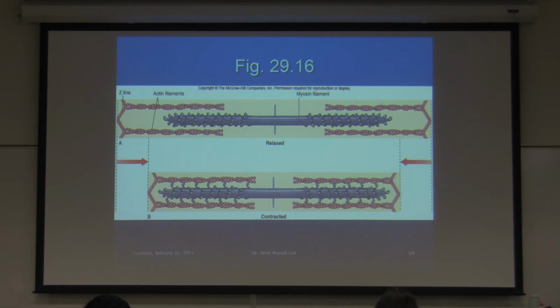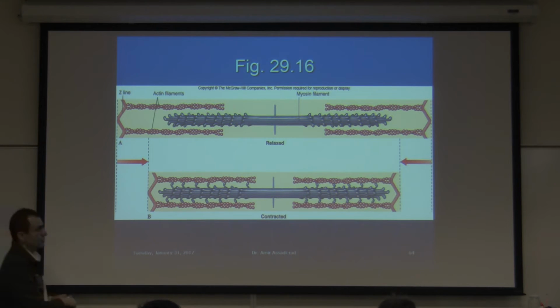I know you probably cannot see it. What happens to the A band? I should draw it on the board. I'm going to write it and then you'll see it in a minute. The A band does not change. I know this doesn't show it very well. It does not change. The I band, on the other hand, shrinks and becomes shorter.